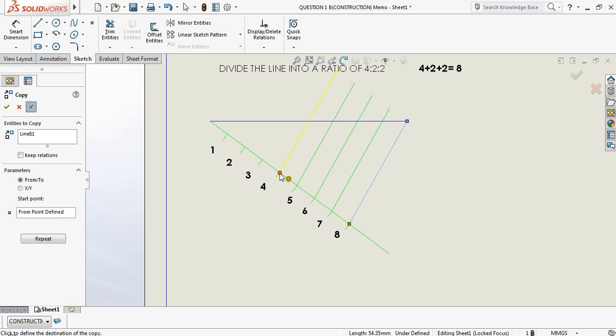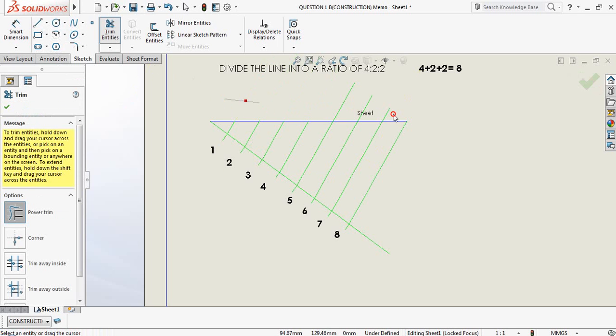You'll be using your sliding set square at this point to find nice, neat, accurate parallel lines. Please remember to take very good care to get good accuracy. Okay, I'm going to use my trimming tool to quickly trim off the excess.